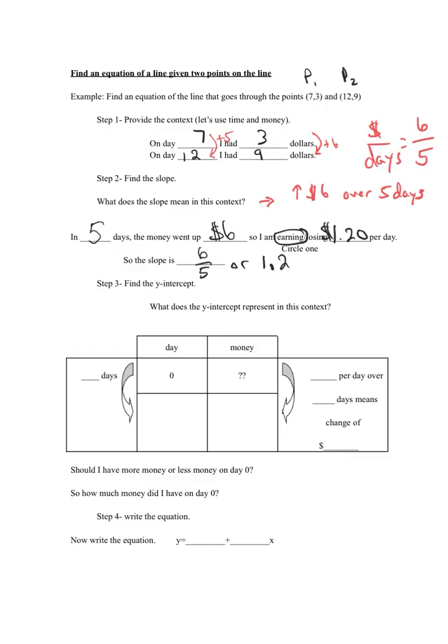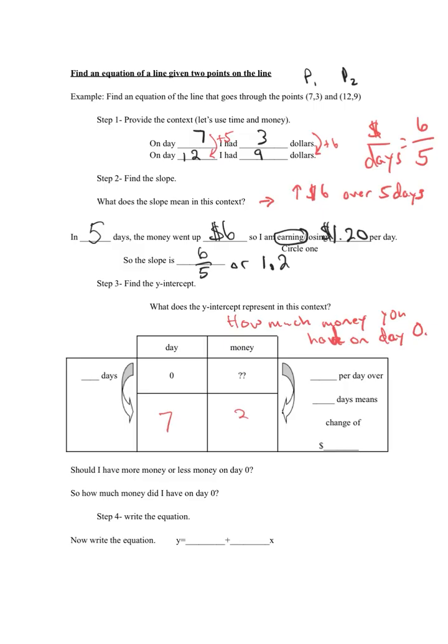All right, so what does the y-intercept mean? Well, again, the y-intercept would be 0 something. So that would be how much money you have, or I should say had, on day 0. Okay, so you had been making $1.20 per day. Well, how much did you have to start? Well, we could pick either one of those points.